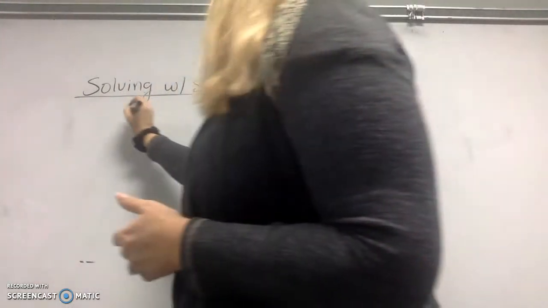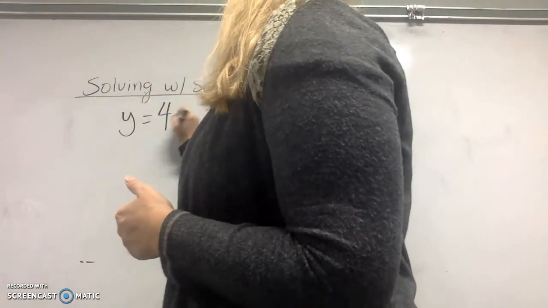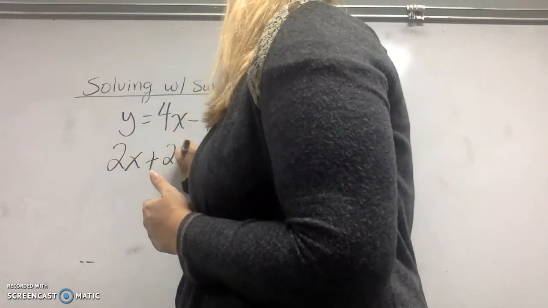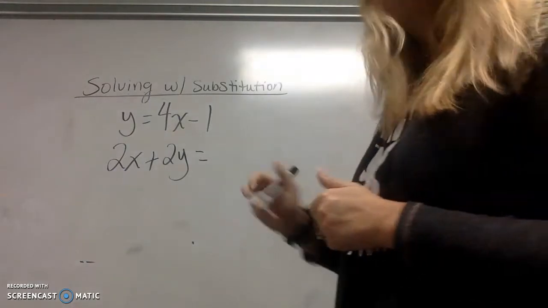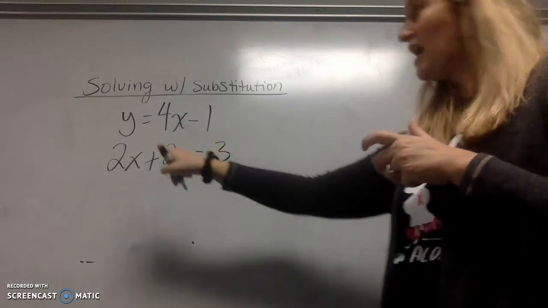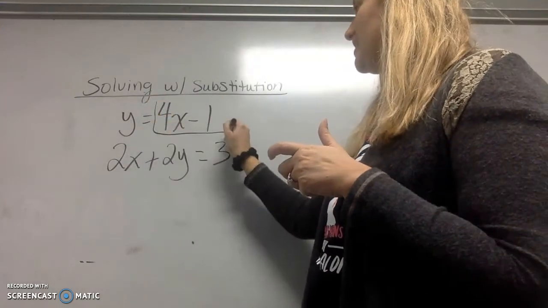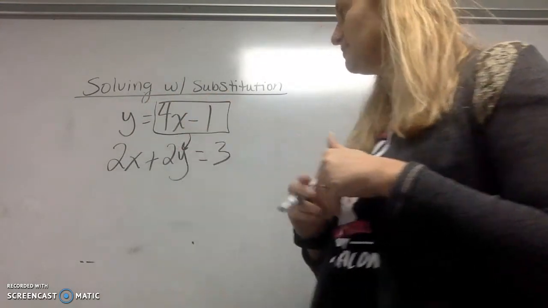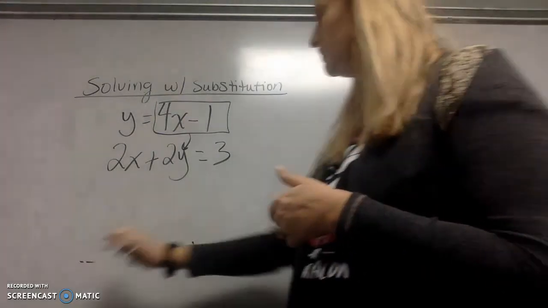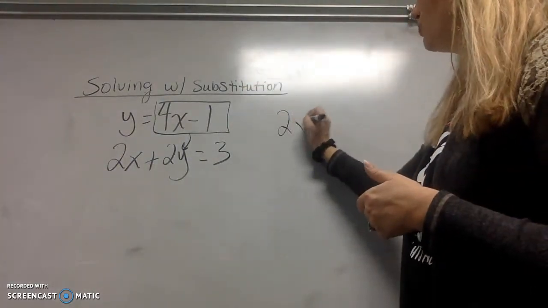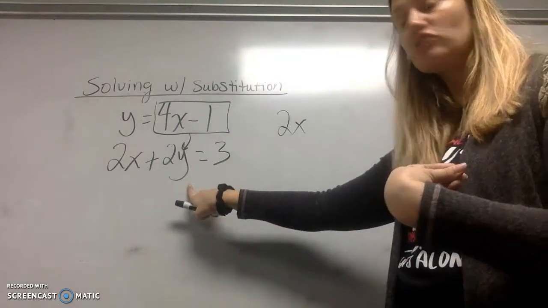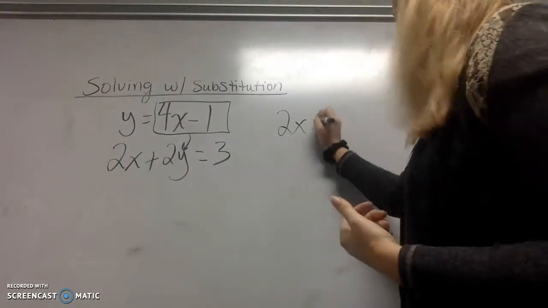Okay, so we're going to have y equals 4x minus 1 and 2x plus 2y equals 3. Okay, so I have a y equals. So I'm going to take what y equals and substitute it in for y in the other equation. So I'm going to rewrite this equation, leaving a big blank where the y is, because that's what I'm going to take out and replace.